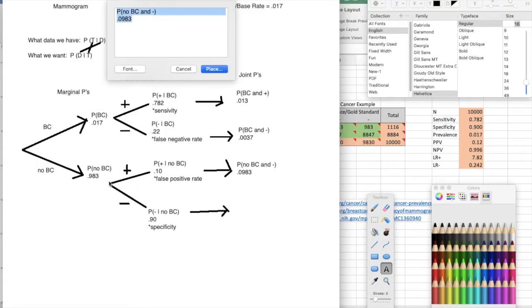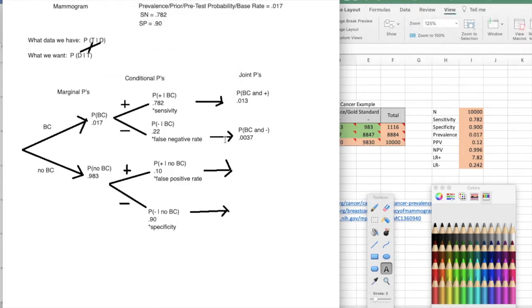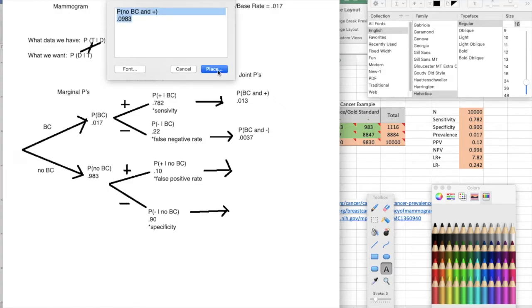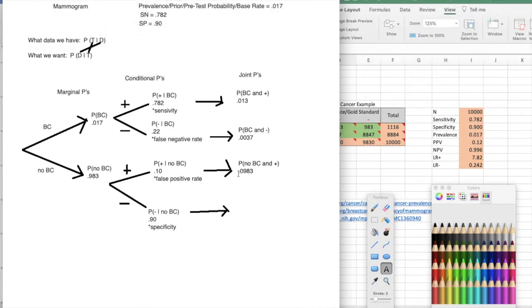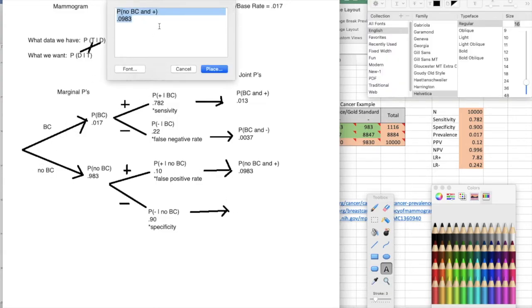And the probability of no breast cancer and testing negative, wait, hold on. You probably caught it before I did. Okay. Now the probability of no breast cancer and testing negative is 0.885. We just multiply across.